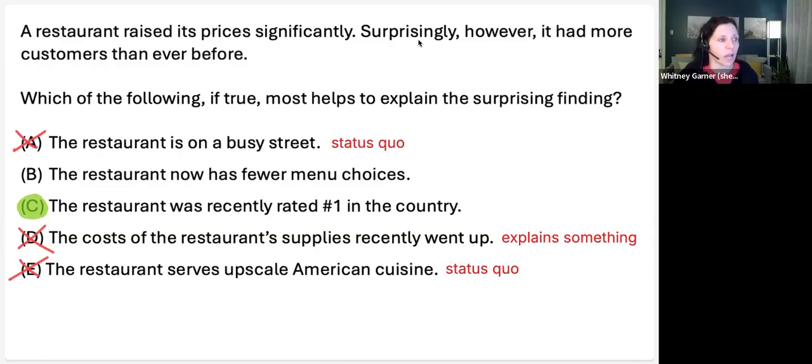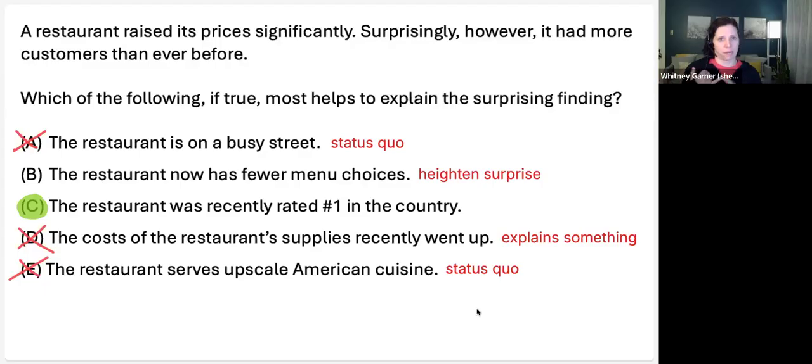There are also times where I think people misunderstand this surprising finding as like intensify the surprise, or heighten the surprise. And so they'll choose an answer choice that actually makes the surprise even more surprising. If the restaurant raised its prices and now has even fewer menu choices, no comment about whether they are better or higher quality, that would actually heighten the surprise.